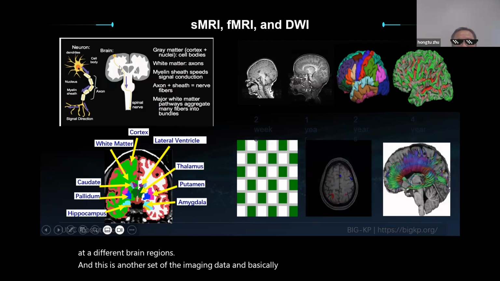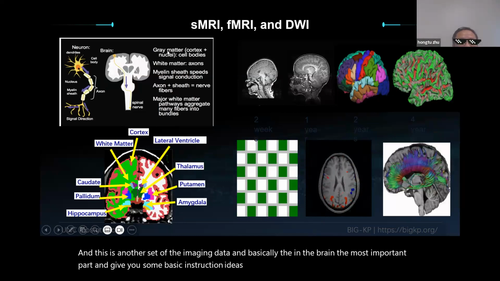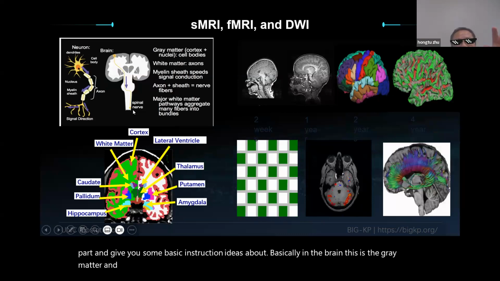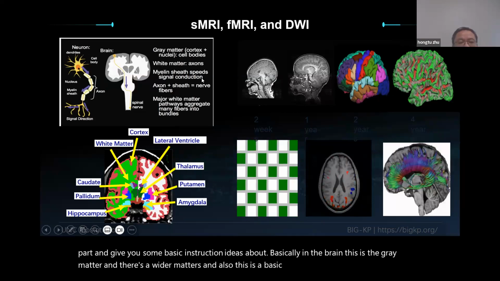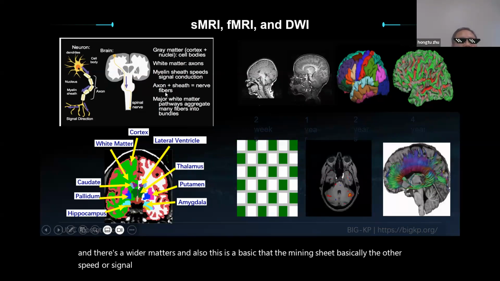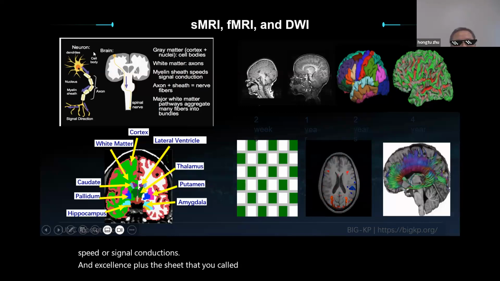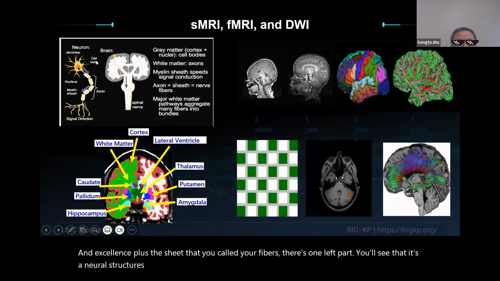In the brain, the most important part, let me give you some basic ideas. This is the gray matter and the white matter. This is the myelin sheath, which affects the speed of signal conduction. Axons plus the sheath equal neurofibers. On the left part, you'll see these are neural structures: the dendrites and cell bodies.